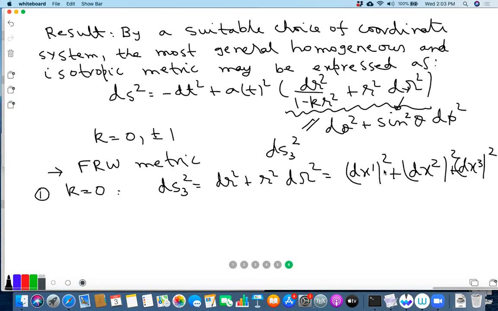And of course, the homogeneity and isotropy is clear. The transformation that generates homogeneity, for example, is just space translation, x to x plus a. Given any 2 points, you can always find a translation that takes you from one to the other without changing the metric. And the isotropy is generated by rotation.